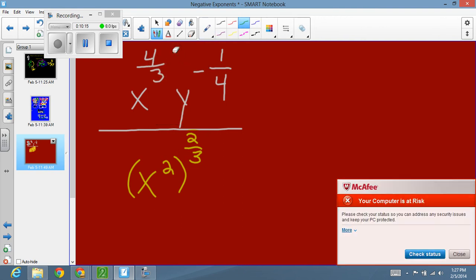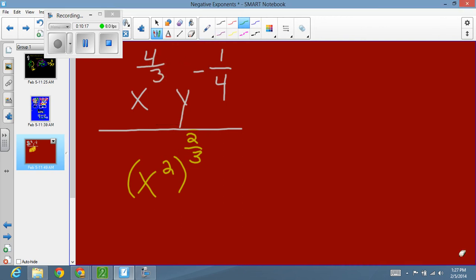So I'm going to go over here and ask myself, okay, what is x squared to the 2/3 power? Remember, when I have a power raised to a power, I can multiply. So that's like saying 2/1 times 2/3. That's going to be an x to the 4/3.